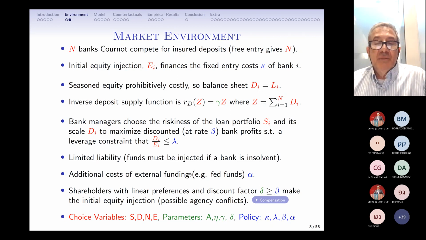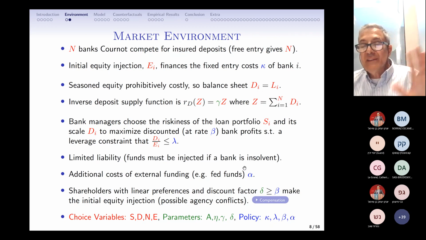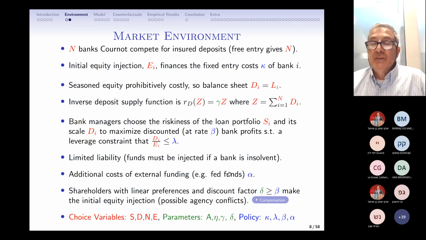I'm going to think of there being additional costs of external funding, like the costs associated with borrowing in the Fed funds market. If I want external funding, it comes at a higher cost, the higher is alpha. So alpha is like a policy parameter, like a Fed funds rate.